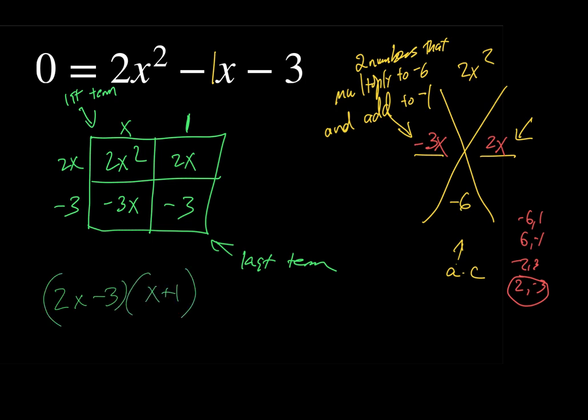It's now factored. And as was identified in the beginning, it equals 0. So now I have factored out two things that multiply to give me 0. That's our whole purpose of solving quadratics, is to then say, well, if these two things multiply to 0, then either x plus 1 equals 0 or 2x minus 3 equals 0.